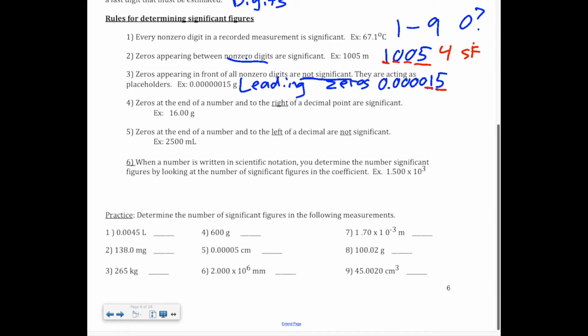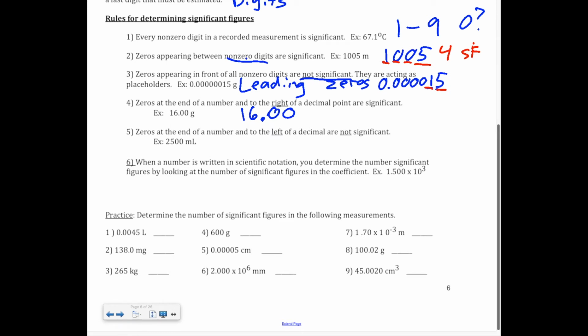So number 4, zeros at the end of a number and to the right of a decimal point are significant. So for 16.00, the key here is that if there's a decimal present. So this is how I like to combine basically rules 4 and 5.